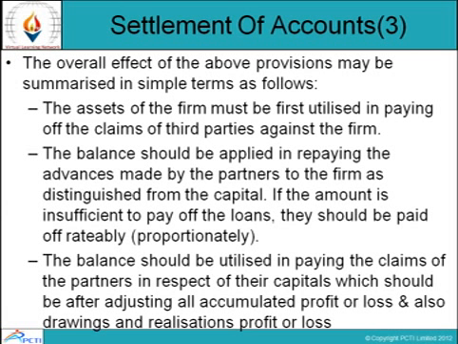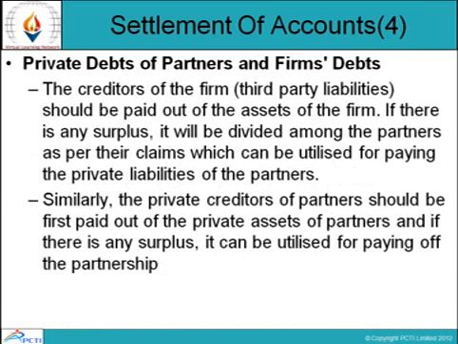If the amount is insufficient to pay off the loans, they should be paid off rateably or proportionately. The balance should be utilized in paying the claims of the partners in respect of their capital, which should be after adjusting all accumulated profits or loss and also drawings and realization profits or loss.